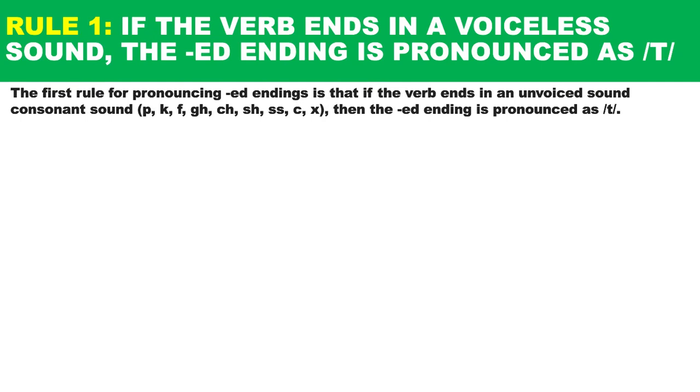Now, the first rule for pronouncing ed endings is that if the verb ends in an unvoiced or voiceless sound, such as a voiceless consonant sound, including the sounds P, K, F, GH, CH, SH, SS, C, or X, then the ed ending is pronounced as T.